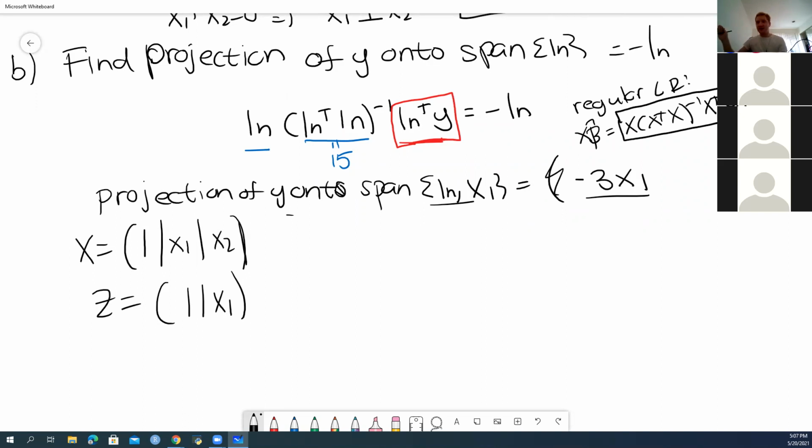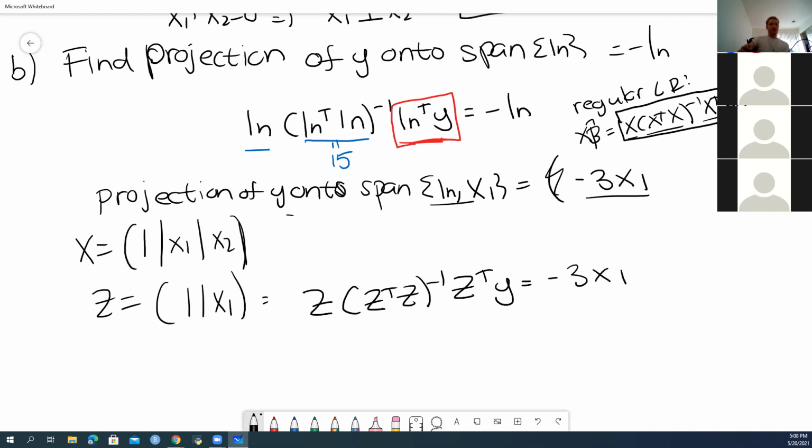In this case, instead of the projection onto the image of x, it's the projection of y onto the image of z, and we replace the x's with z's. So we just showed that z times z transpose z inverse times z transpose y was equal to negative 3x1.